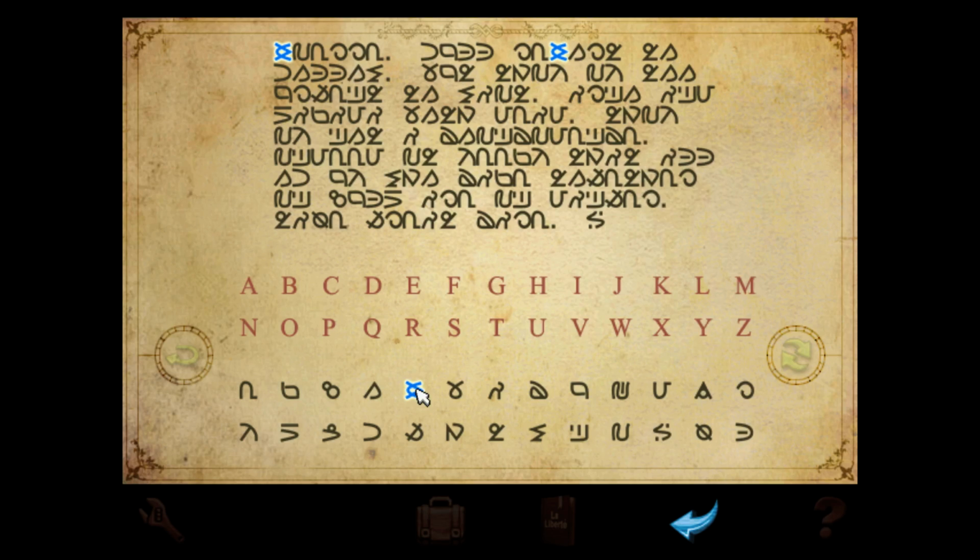Alright. So we have go back, we have reset, we have this here, which is this symbol, and I guess, wow, are we really gonna just decipher everything here? I think we may.